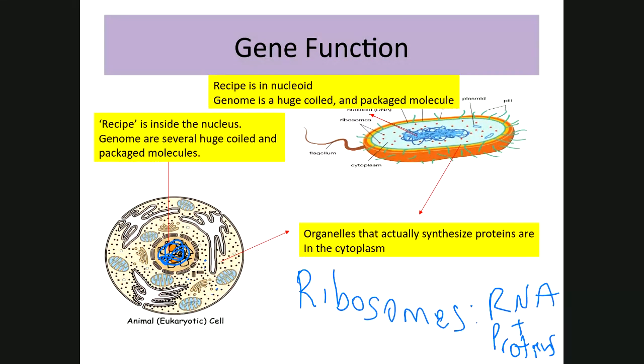The way the cell solves the problem is by making a copy of the recipe. It's actually going to make more than one copy, and then send that copy to the ribosomes. And the ribosomes can begin to use that copy of the recipe to make the protein.